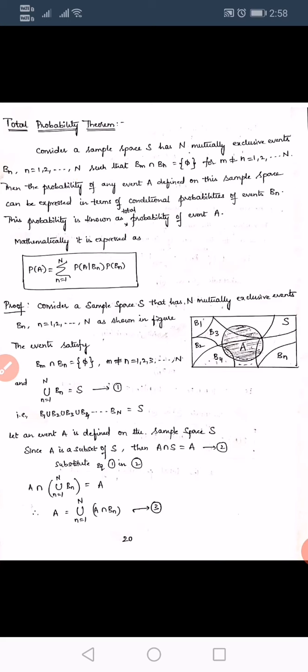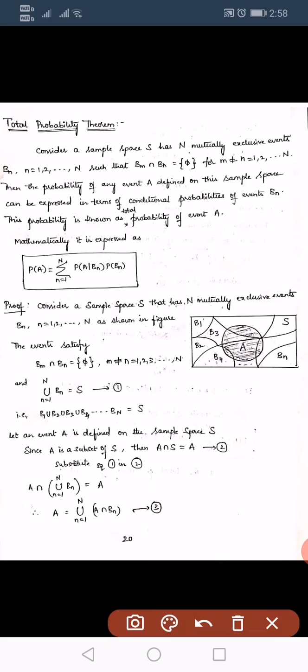Similarly, we consider this for n events. All n events are mutually exclusive, so none of the events have common elements. So we write Bm intersection Bn equals psi. Psi means the null set, not having any elements, so it is 0.